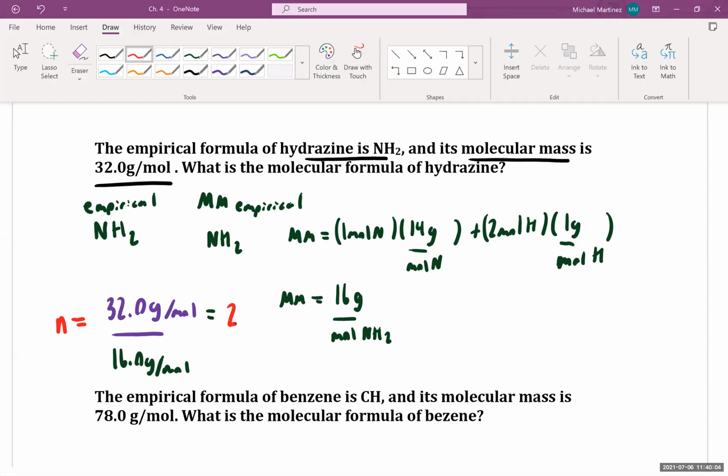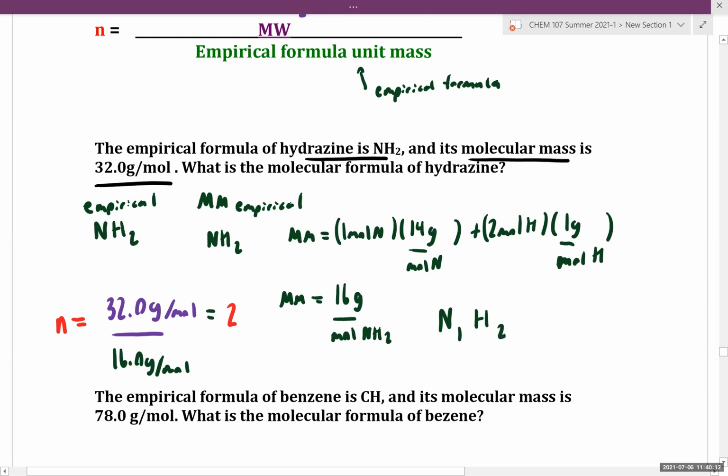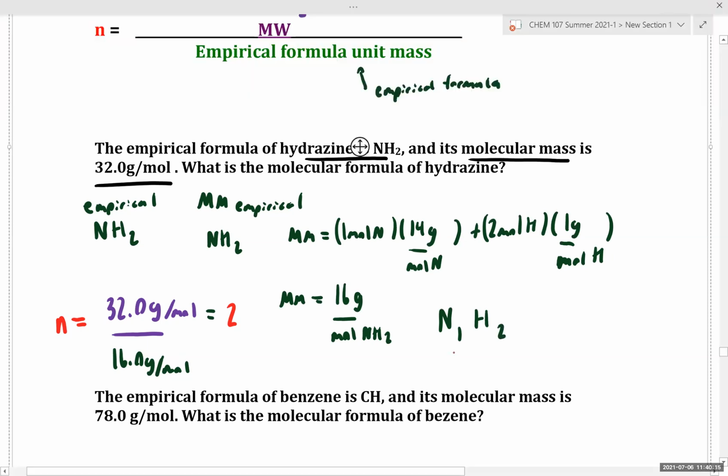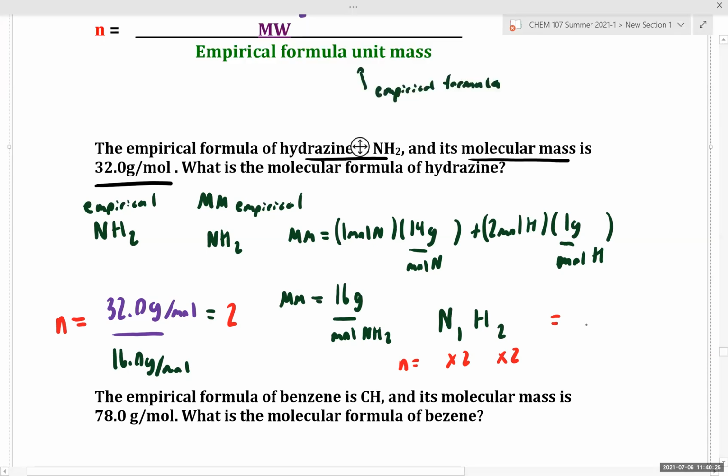To calculate our molecular formula, we write out the subscripts of our empirical formula and multiply each subscript by n. That gives us a molecular formula of N2H4.